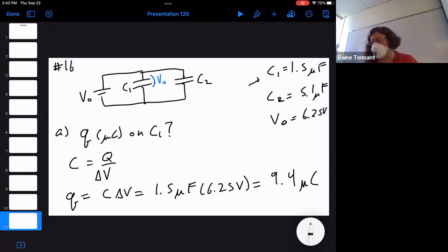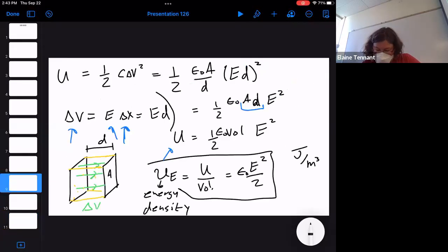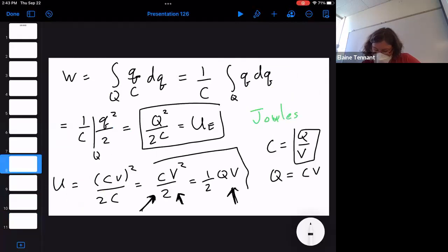And if that makes sense, the next question is we're going to ask for the energy in microjoules stored on capacitor 1. So just to make sure we know, we have the capacitance of capacitor 1, we know the voltage across it, and now we know the charge. And so when they ask us for the energy, we have a few options. Which one should we use? QV? 1/2 QV, that would work. And in fact, any of them would work at this point, right? We have all of those things.